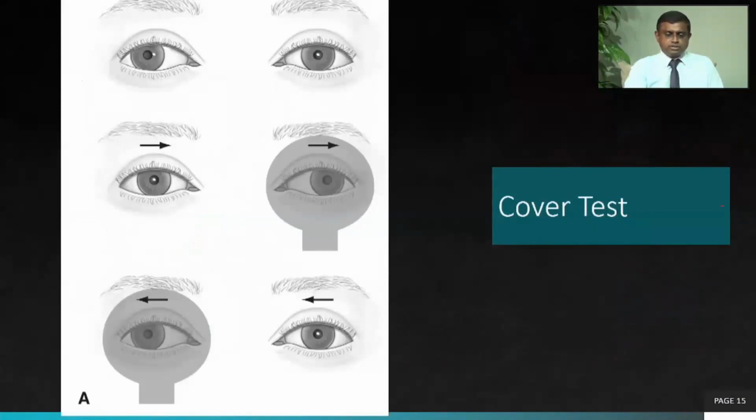The cover test may be a new test for you as general doctors. So what you do is you hold the pen torch or any target for the patient and observe for any deviation of the eye.